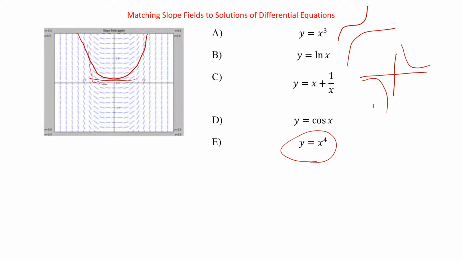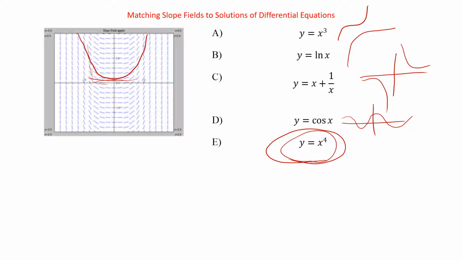Y equals cosine of x is going to be in that general shape, which is not what this graph is, which leaves y equals x to the fourth as our general solution to this graph. So again, notice this is different from the previous problem.